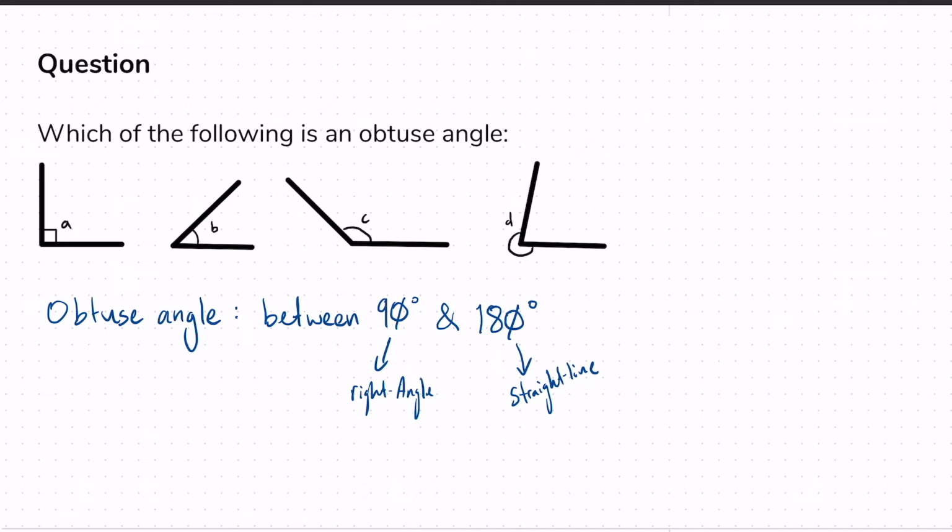So C is definitely an obtuse angle. And last but not least, D over here is on the outside, greater than 180 degrees, making it reflex, and therefore not an obtuse angle. So the only angle here that's obtuse is C.